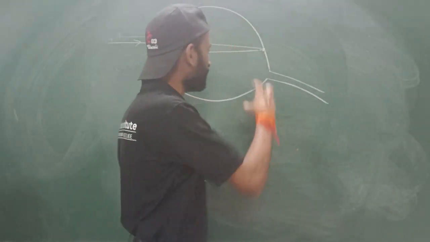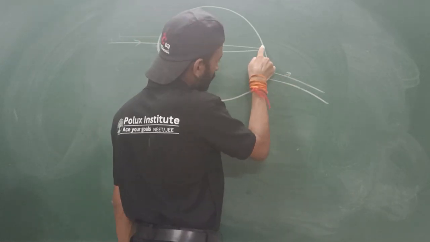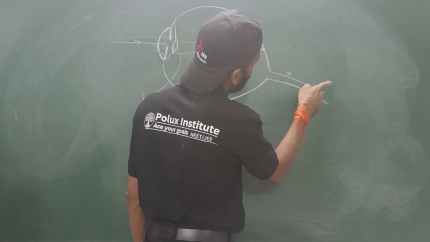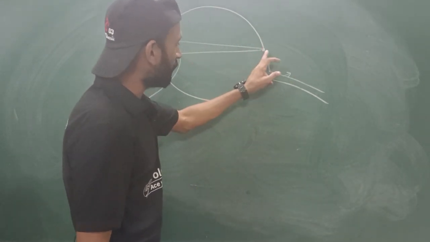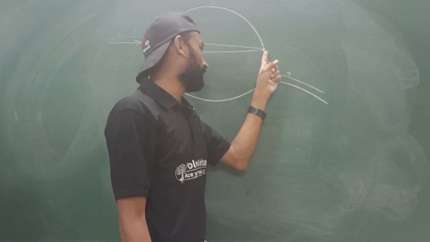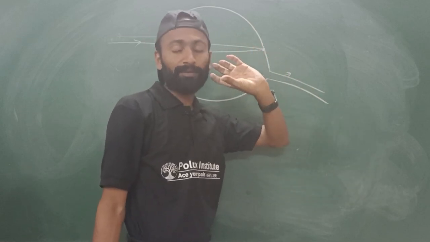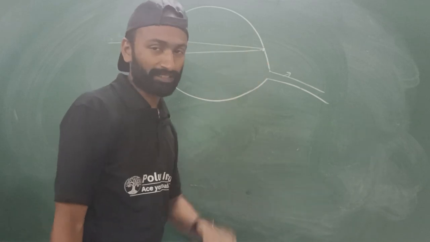This image will be sent by the optical nerves to our brain. So the image will be formed here, it will be sent to our brain, and the brain will understand. Here the image is opposite, but our brain will make it correct, and it will understand that there is one object.